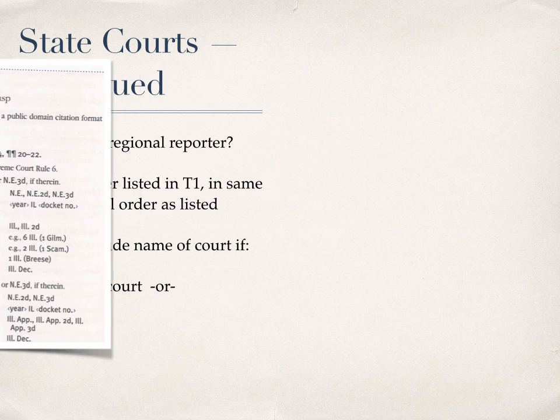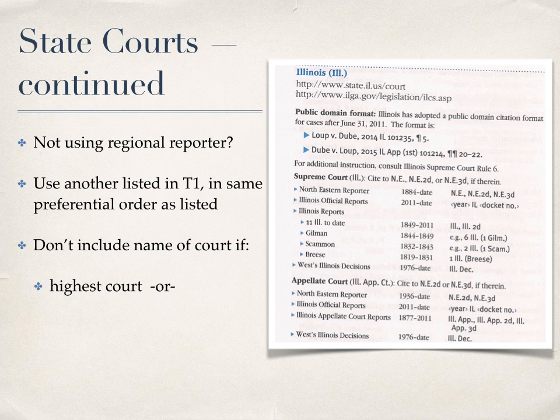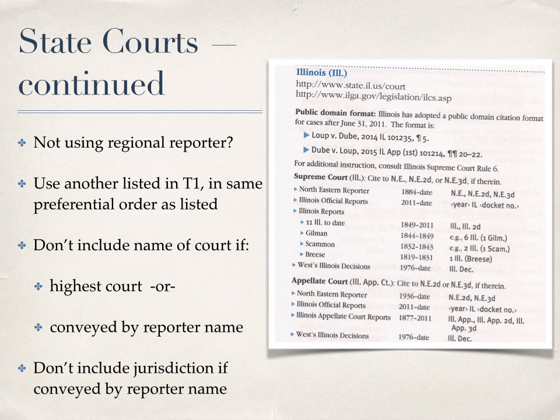Look at T1 for Illinois. Notice that the Illinois Appellate Court cases from 2011 and earlier are published in the Illinois Appellate Court Reports, which are abbreviated ILAP. Therefore, if you were not citing to the Northeastern Reporter, but instead using the Appellate Court Reports, you would eliminate the app court from your parenthetical in your cite. Also, don't specify your jurisdiction if it is conveyed by your reporter name.